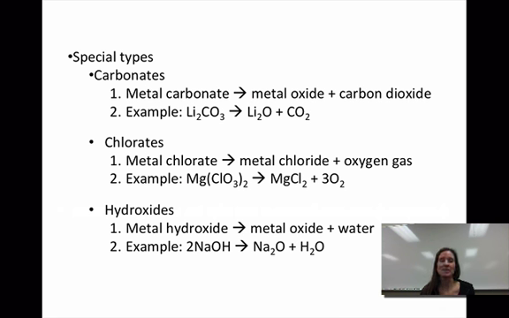And if you're dealing with a metal hydroxide, so that's a metal bonded to hydroxide, it'll decompose into a metal oxide and water. So these are three cases that you'll simply have to memorize so that if you are presented with a metal carbonate, a metal chlorate, or a metal hydroxide, you will understand how they break apart.